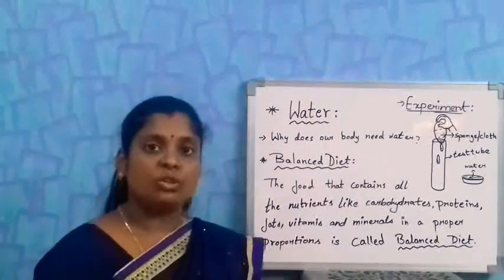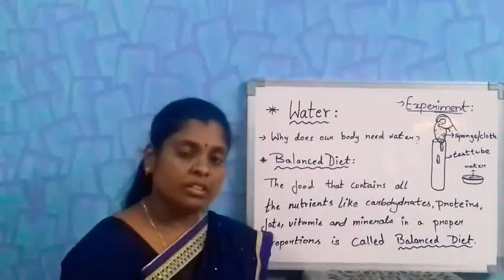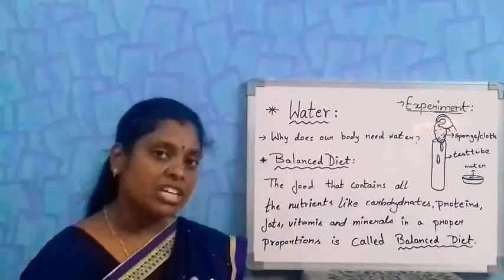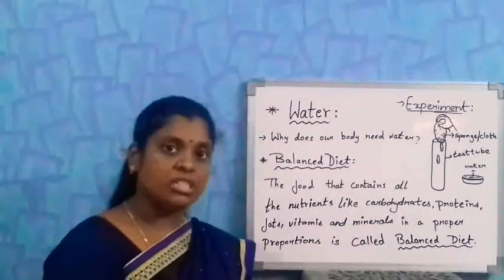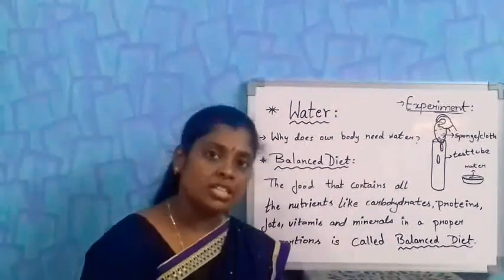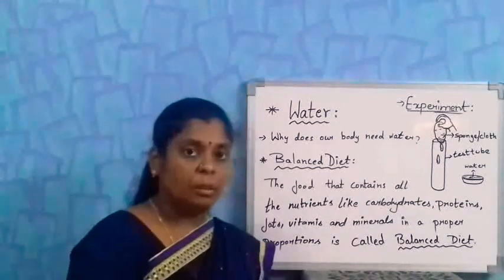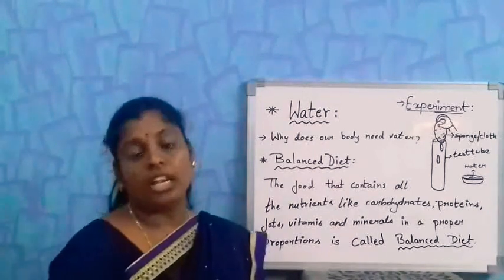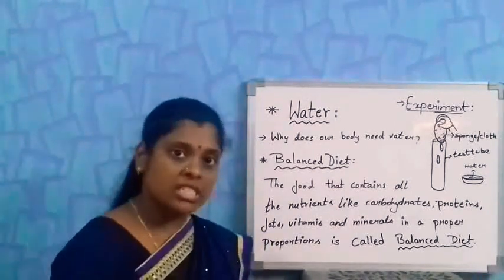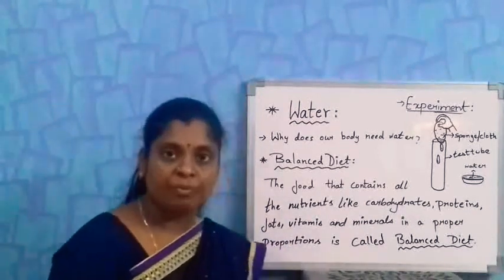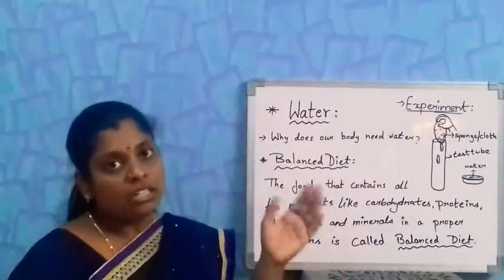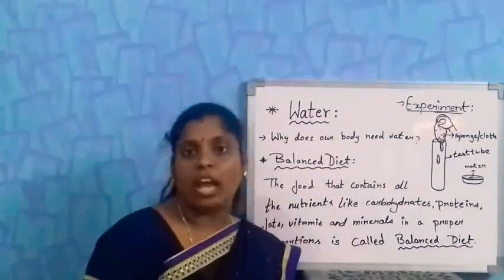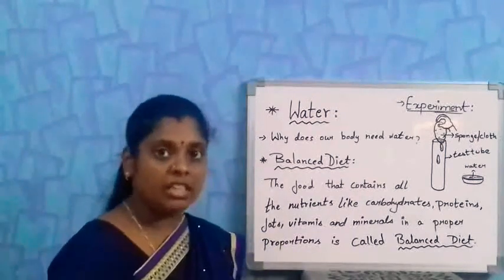In 1752, James Slade said that scurvy can be cured by having fresh fruits and vegetables. Even many diseases can be cured by having all these components regularly, like carbohydrates, fats, proteins, vitamins. So we should consume these components regularly and keep ourselves healthy.